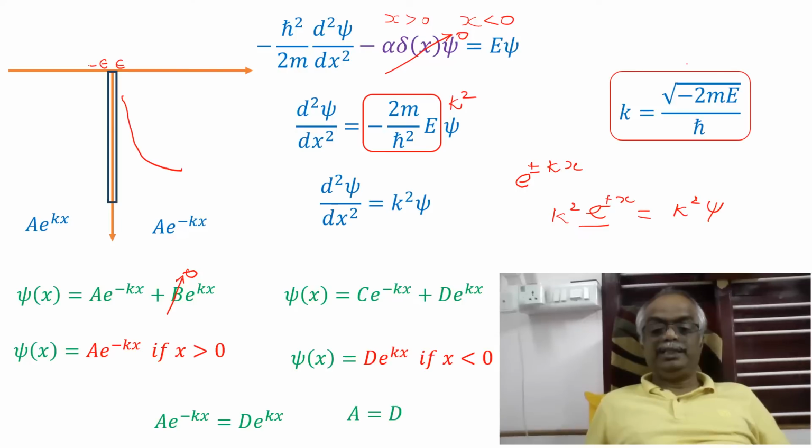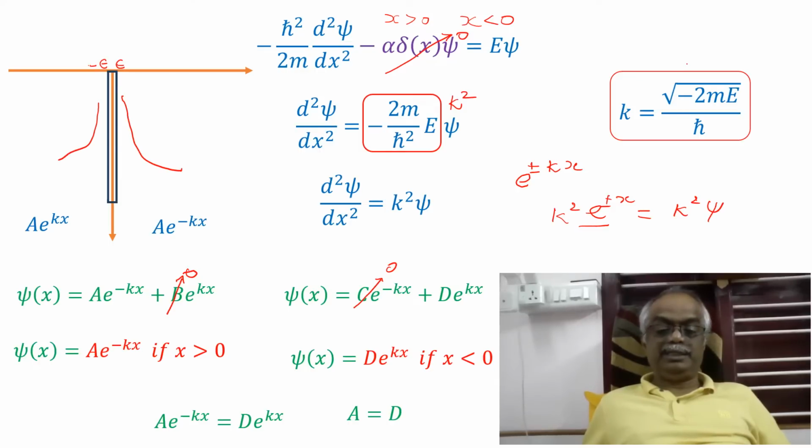So in this case, c must be equal to 0. Only this term exists. That is, psi of x is equal to t e power kx if x is less than 0.